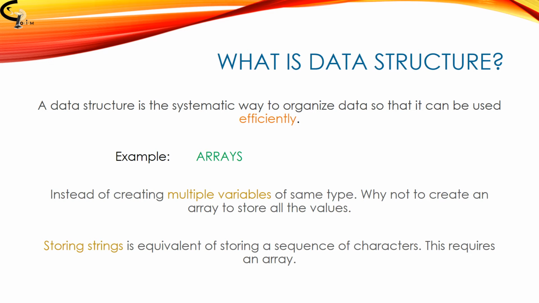We use it many a times. We can think of it as a collection of integers, float or symbols or characters. We can think of an array as data structure because it is helping us to manage the data in a sequential order. Instead of creating multiple variables of same type, why not create an array to store all the values?